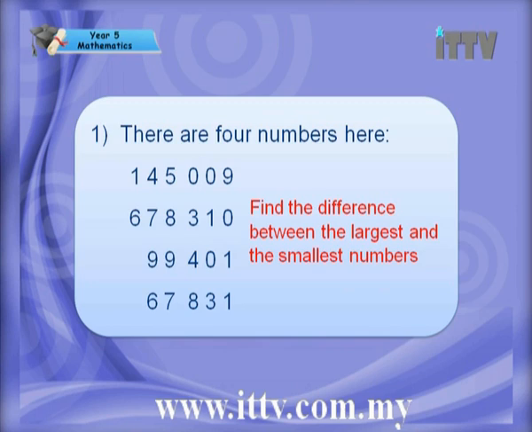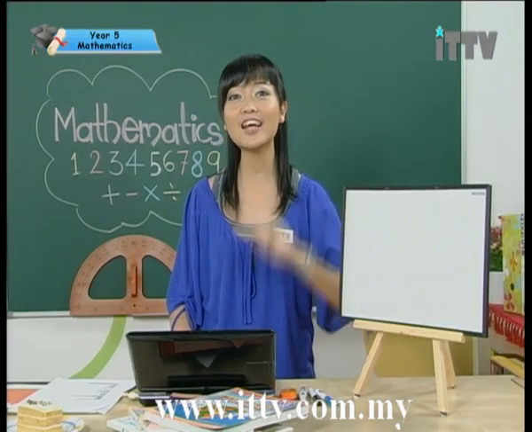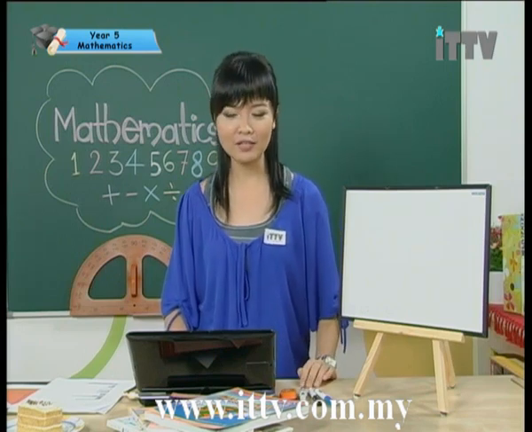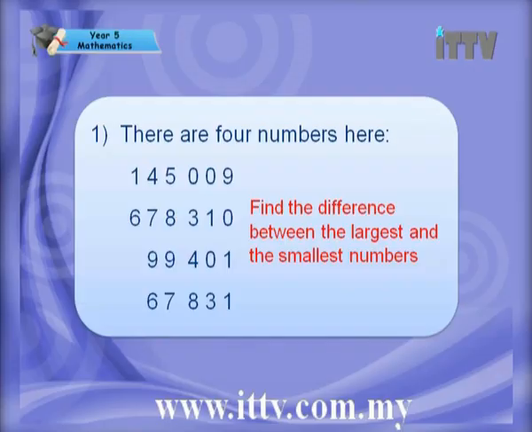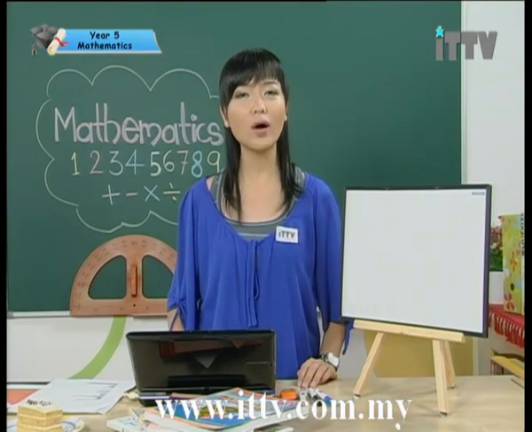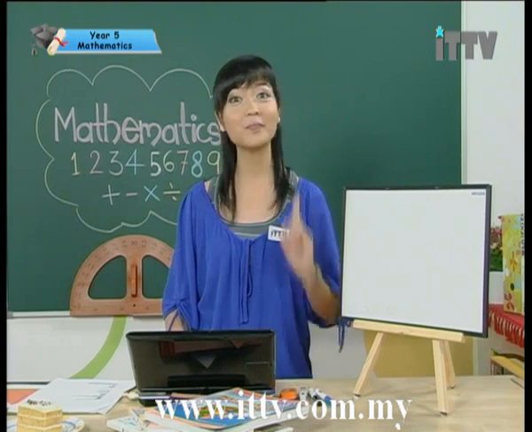Okay, now which one is the largest number? The second one, 678,310. Now what about the smallest number? 67,831. Now to find the difference, what operation must you use?